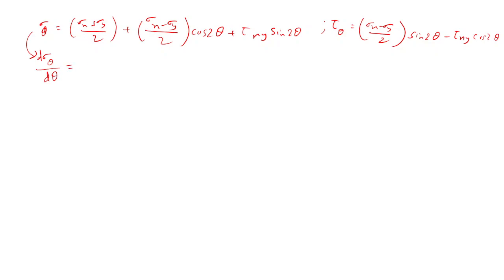So when we differentiate, this is constant for that, so it will become 0, and here we do sigma x minus sigma y by 2 and minus 2 here.